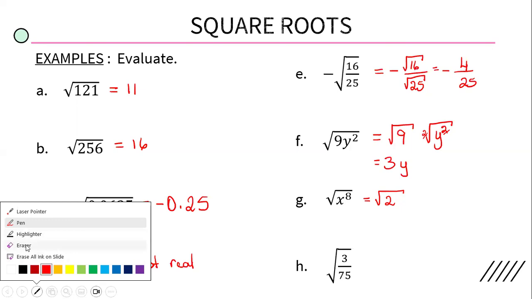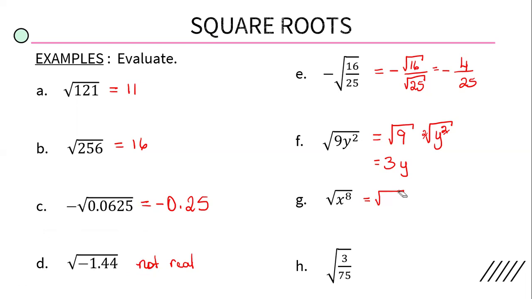It should be x to the power of 2. This is the same thing as x to the power of 2 times x to the power of 2. That's 4, that's 4, so x to the power of 2 times x to the power of 2.